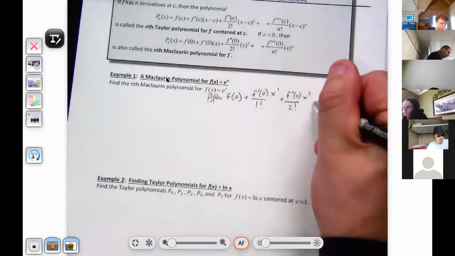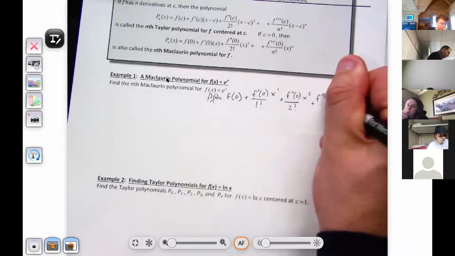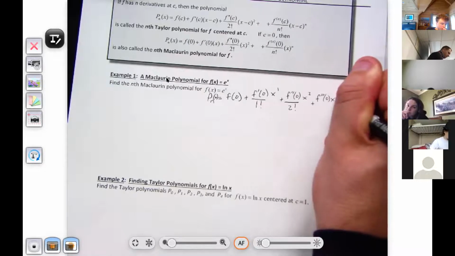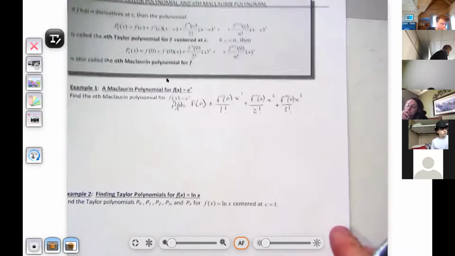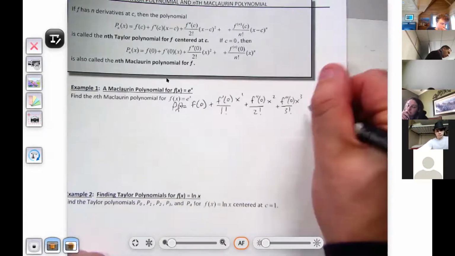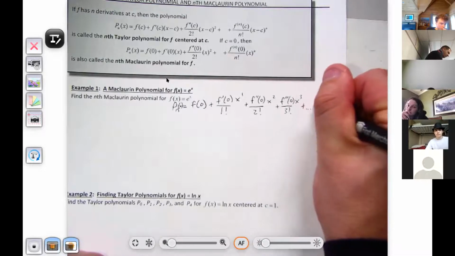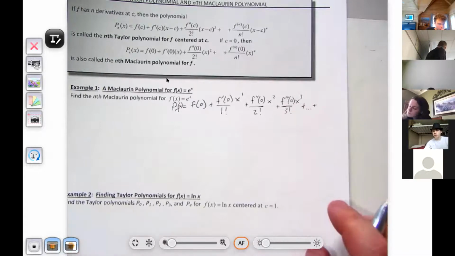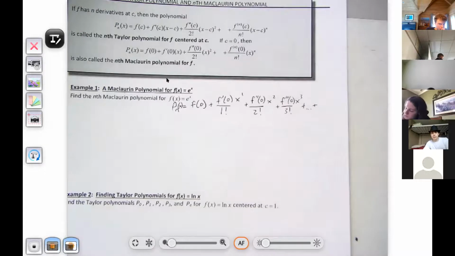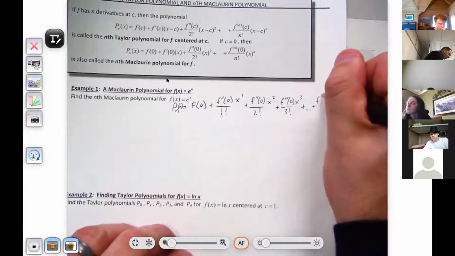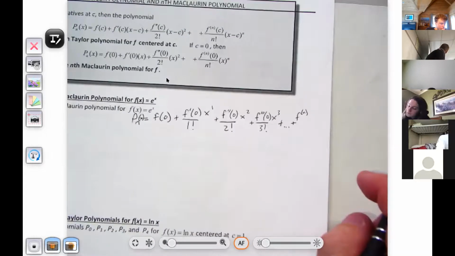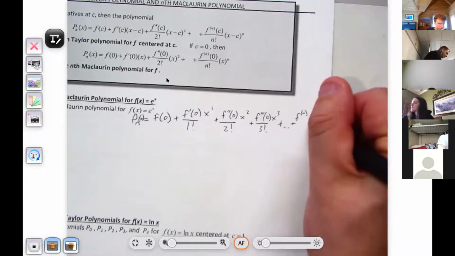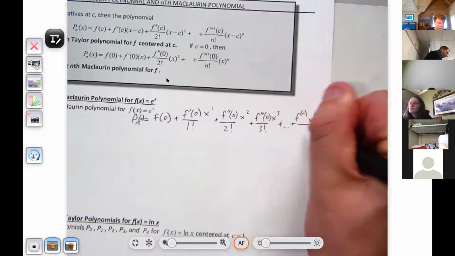Plus, and we'll do the third one, and then we'll do the nth one. f triple prime of 0 times x cubed over 3 factorial, plus dot, dot, dot, plus all the way until we get to the nth term. So it's going to be the nth derivative, which we notate as f with a little n up there, times x to the n over n factorial.